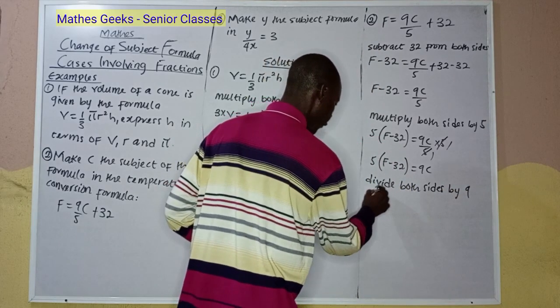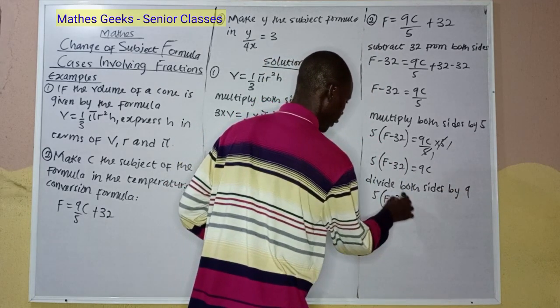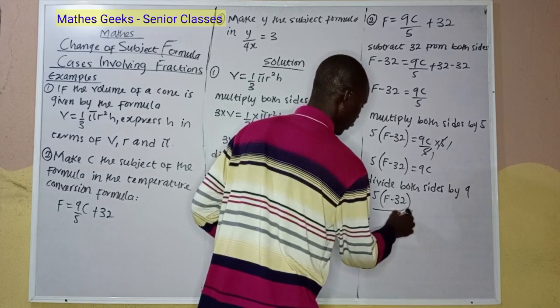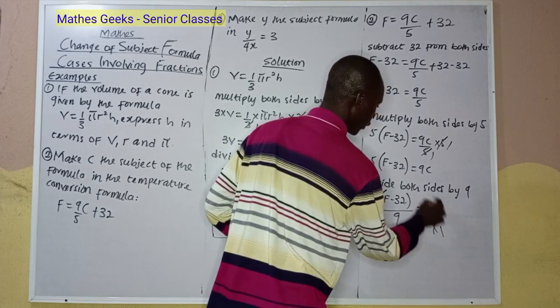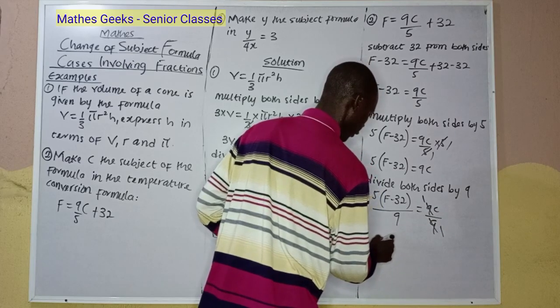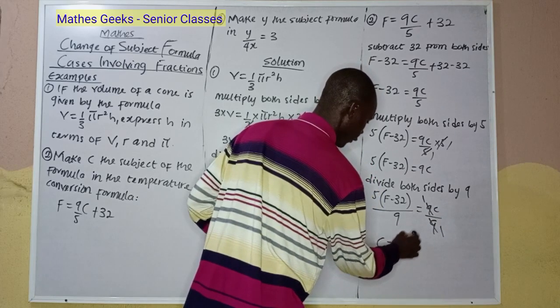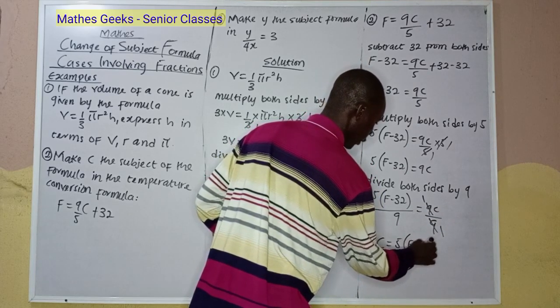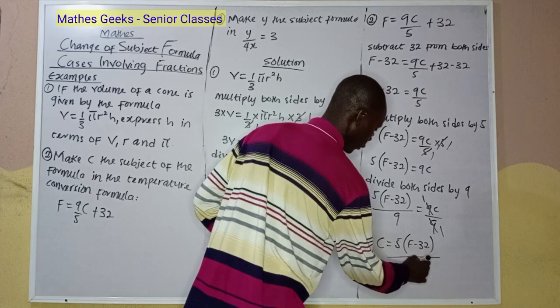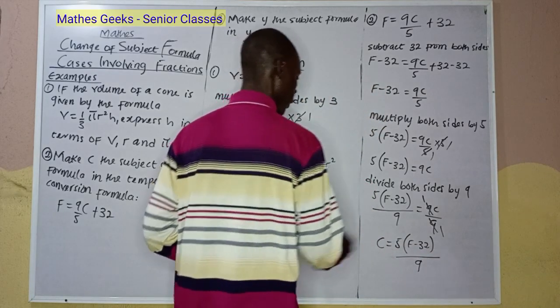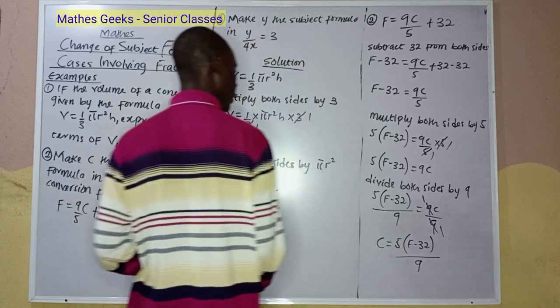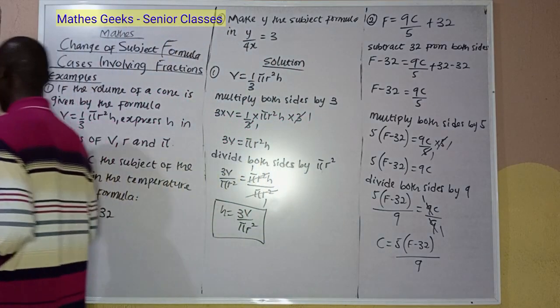So 5(F minus 32) over 9 is equal to 9C over 9. 9 here 1, 9 here 1. So C is equal to 5(F minus 32) over 9. So that's it. This C has been made the subject of the formula.